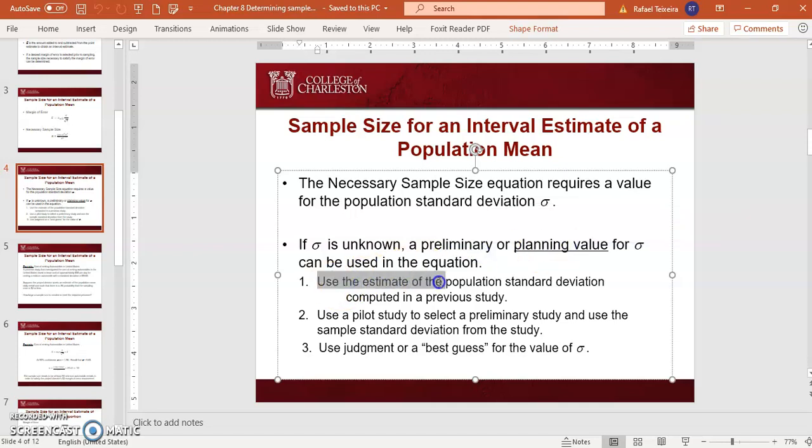We use the estimate of the population standard deviation computed in a previous study. If you don't have a previous study, then you can use a pilot study, take a preliminary sample and use the sample standard deviation from that study, or you use your best guess for the population standard deviation. Okay.